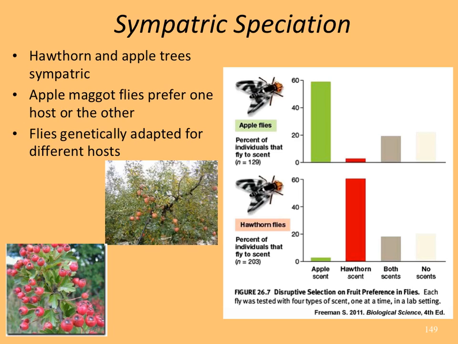So you can say, how did it happen? Well, you could propose that, let's say, they fixated on the smell. So you could take these flies into laboratories, which is what they did, and they actually did an experiment putting a fly in and then two different scents. And you would predict that an apple fly would go to the apple scent and the hawthorn the same way. And that's exactly what happened. Okay? So this is one of the few cases where sympatric speciation might happen.